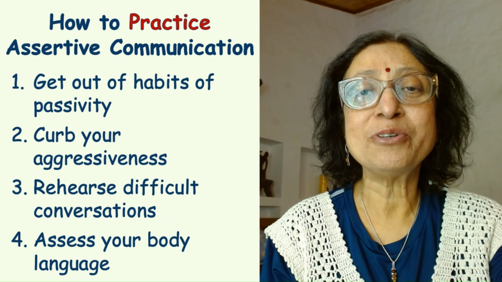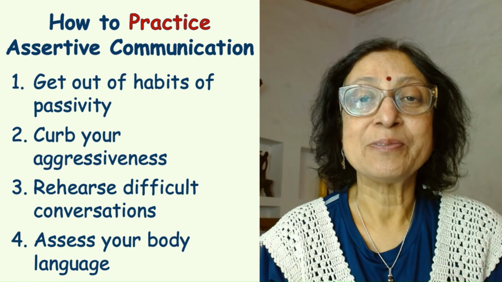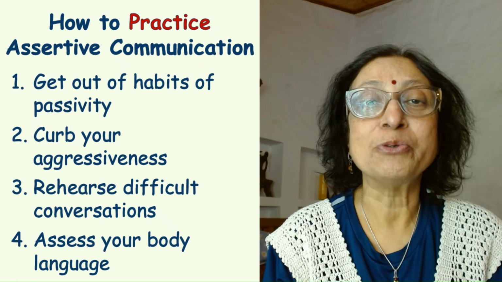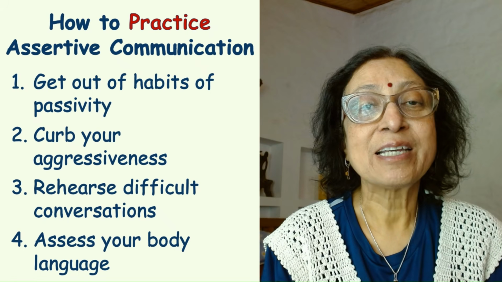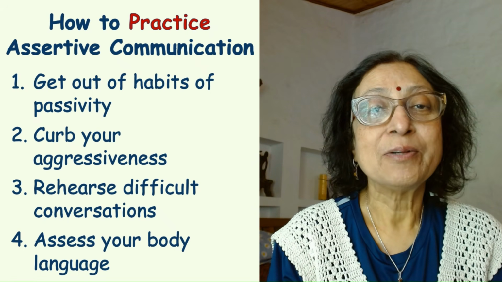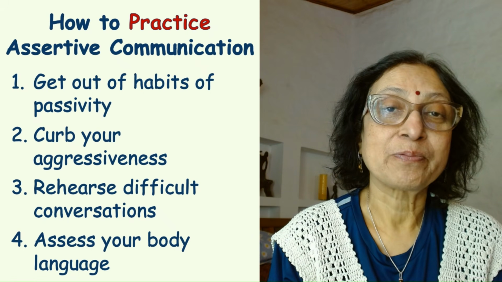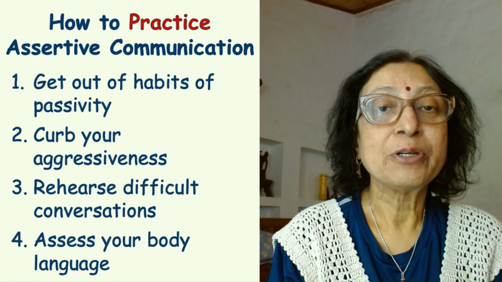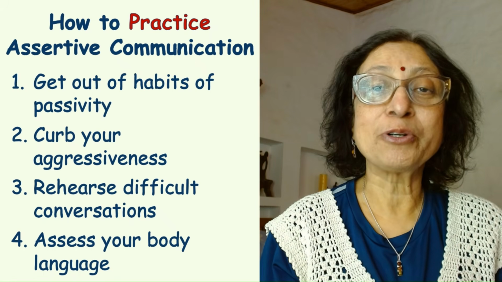They think you're trying to dictate terms to them. That is not a very good idea. Therefore, what you really need to do here is make yourself polite, assertive, but not aggressive.